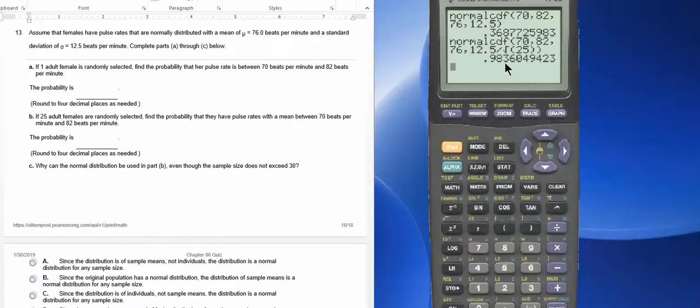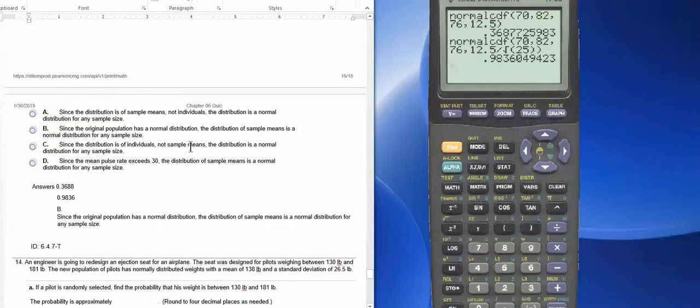Notice the difference. The probability of one woman falling between 70 and 82 beats per minute is 37%. The probability of the average of 25 falling between 70 and 82 is 98%. There you got your answers. Okay?